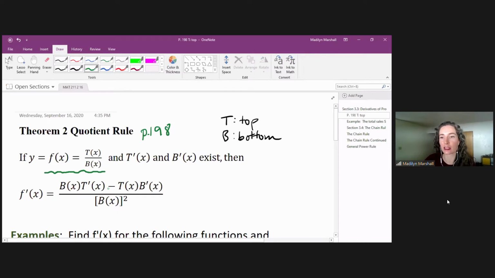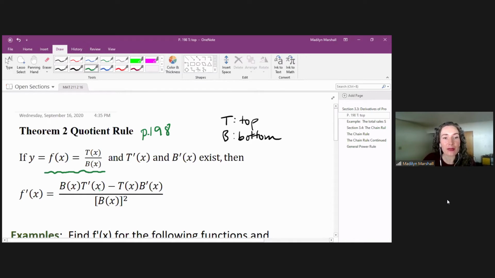This is just any kind of quotient, any function that has a numerator and denominator. Then the derivative is this whole thing. This is another one that you will be given on the test, so you don't have to memorize this. You are more than welcome to memorize it, but the important part is that you know how to use it.